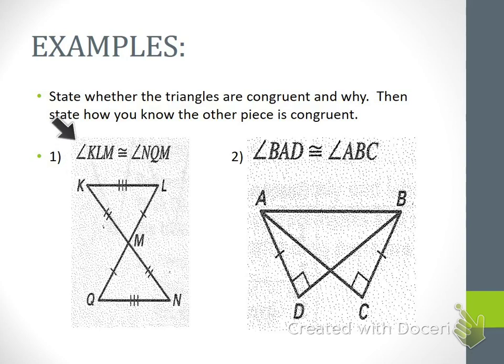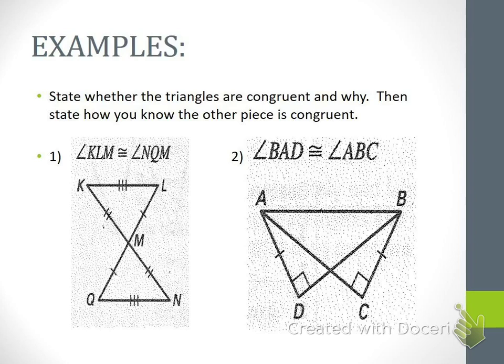So right now, I don't want to talk about these angles that they're mentioning yet. I want to just talk about these two triangles. From our list of 5 ways of showing triangles congruent, which way works for these triangles, just the way they are? Side, side, side works for these triangles. So the triangles are congruent by side, side, side.